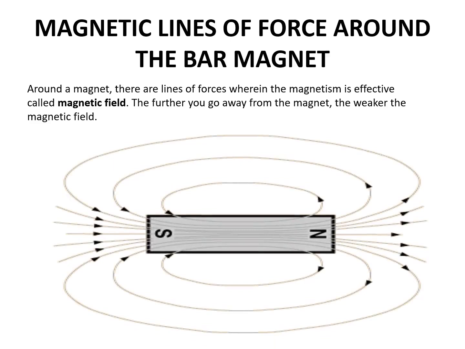As you can see in this picture, here are the lines of force, and you'd realize they are so dense at the poles, meaning that at those poles they become very, very strong. The attraction of the magnet is very strong at the poles, but as you move further away from the poles, the ability of the magnet to attract and repel becomes weaker.